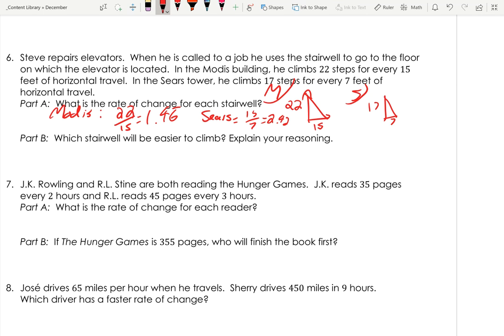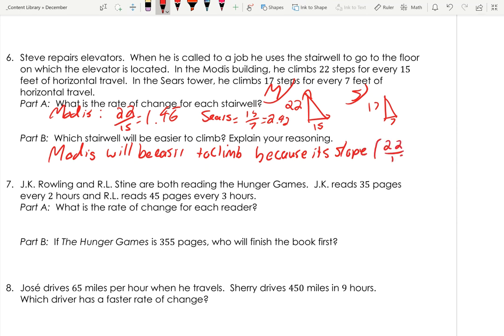So which stairwell will be easier to climb? Explain your reasoning. So Modis will be easier to climb because its slope, which is again 22 over 15, is less steep than Sears, which is 17 over 7.